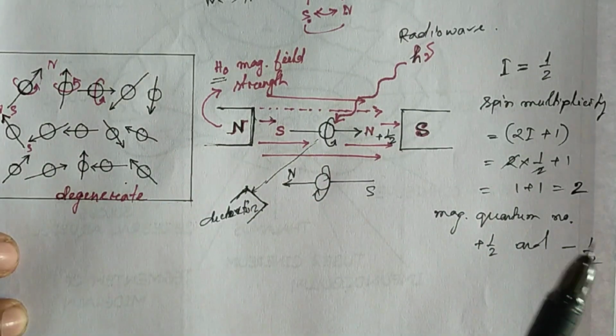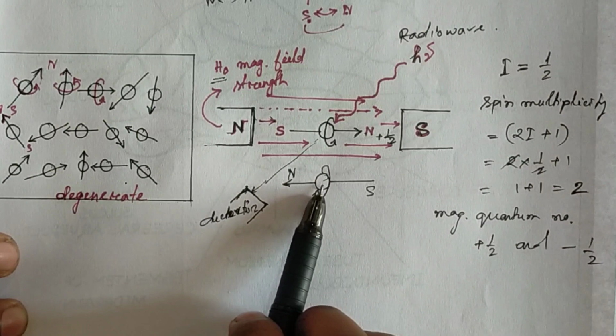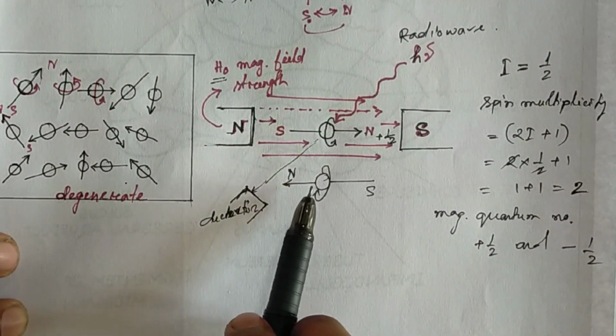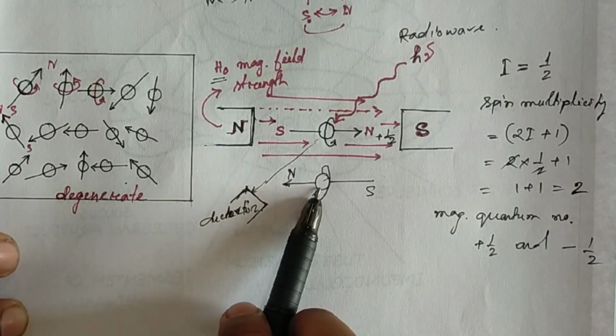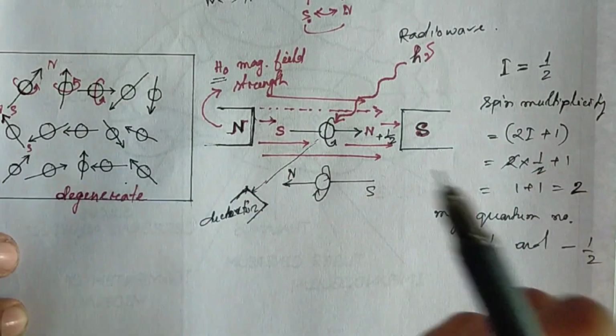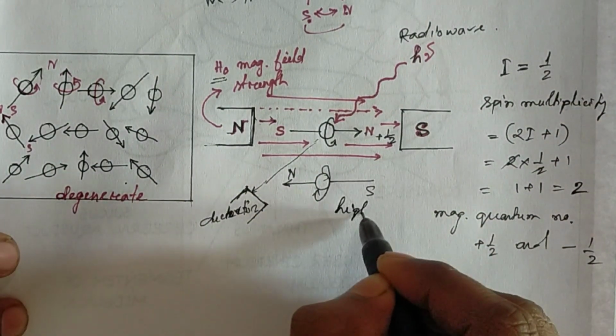Same nucleus but the orientation is different, and in this orientation the nucleus will have high energy because the 60 hertz is absorbed, so it will have high energy.